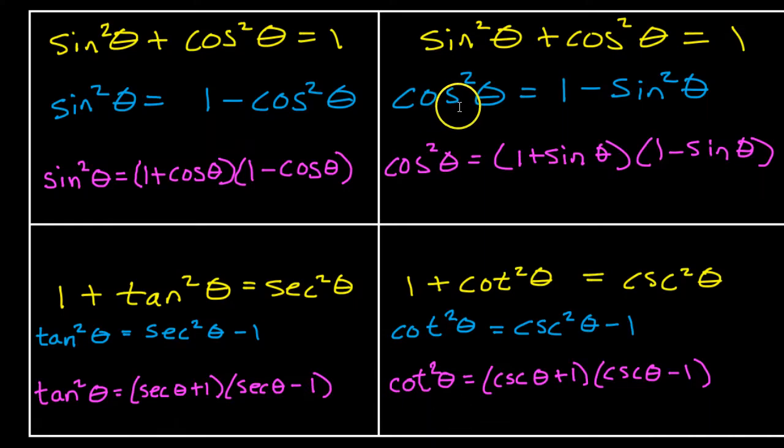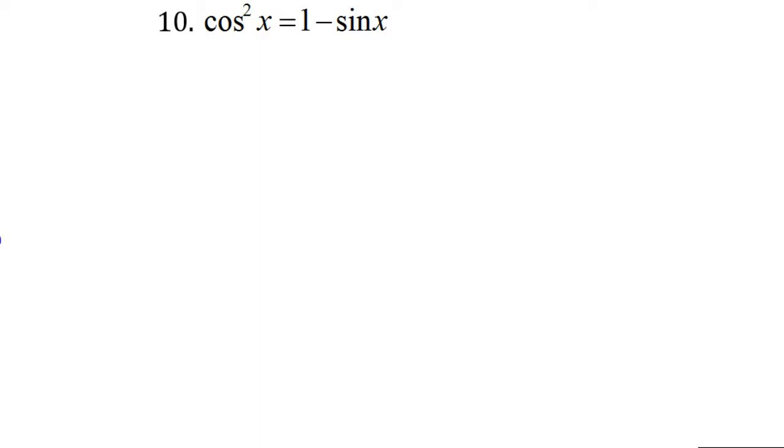Cosine squared is 1 minus sine squared. So that's a substitution I can make. So instead of cosine squared, what if we write 1 minus sine squared, and then that will equal 1 minus sine x. Now let's get 0 on one side and see what we have.